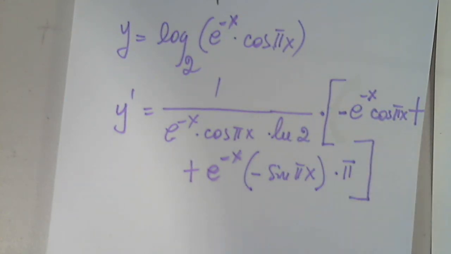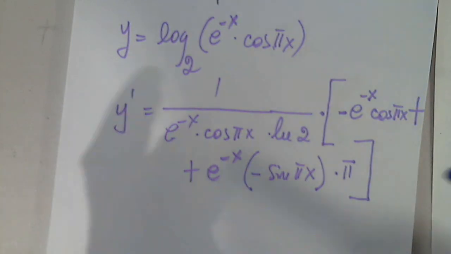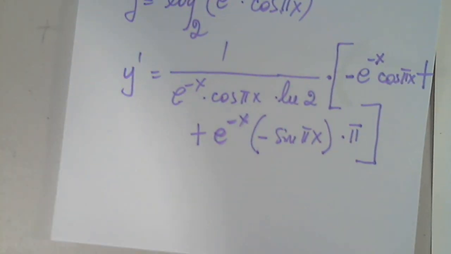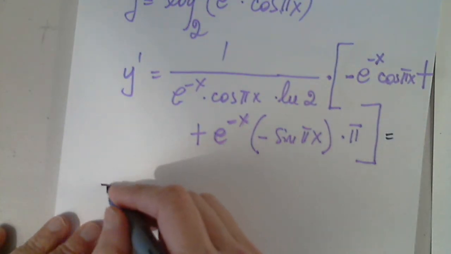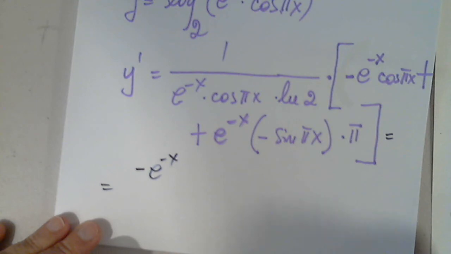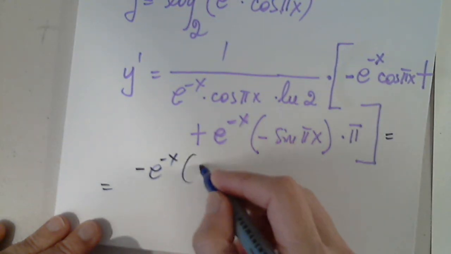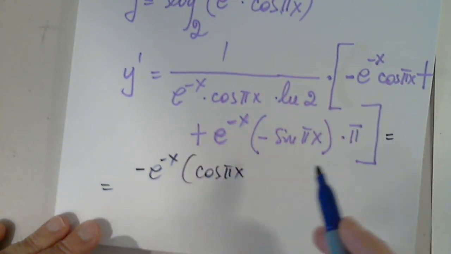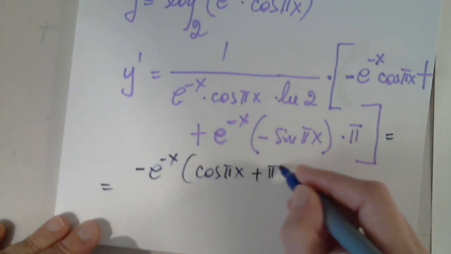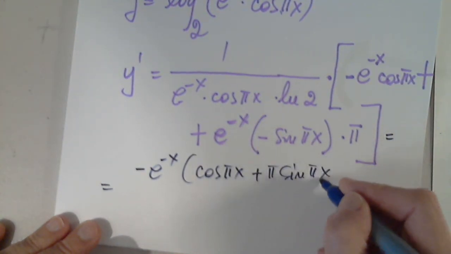Both terms will be positive, and there is nothing else I can do. And I will simplify with e to negative x. So equals, so negative e to negative x. This term was negative, now it's positive. This term was negative, now it's positive, and I'll put pi in front. So plus pi sine pi x.